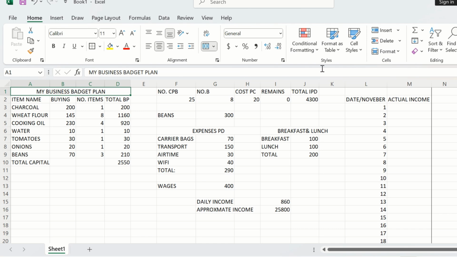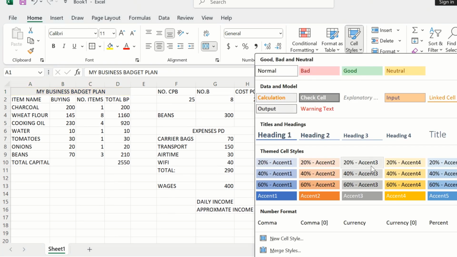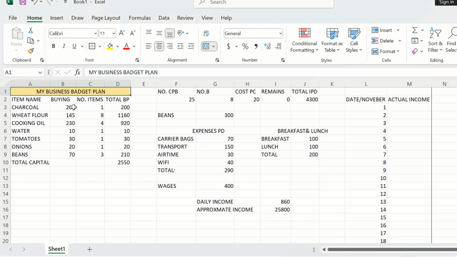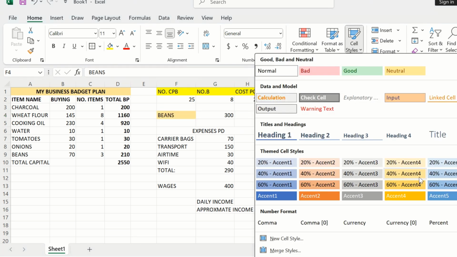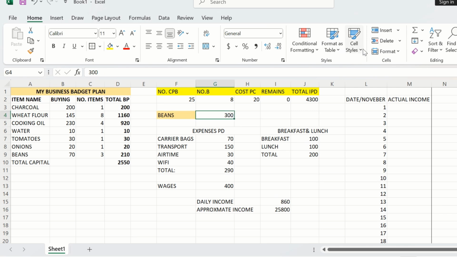So you just highlight and try to do some formatting so that we can make this look more professional. Very simple formatting.